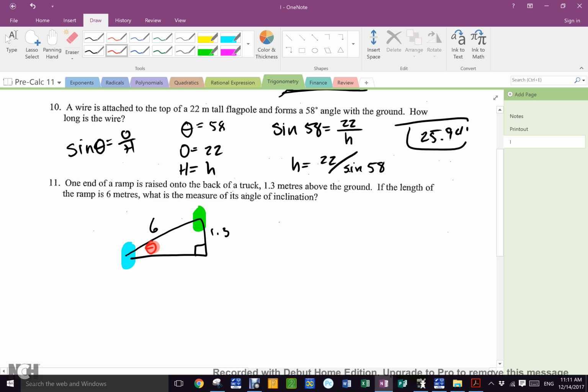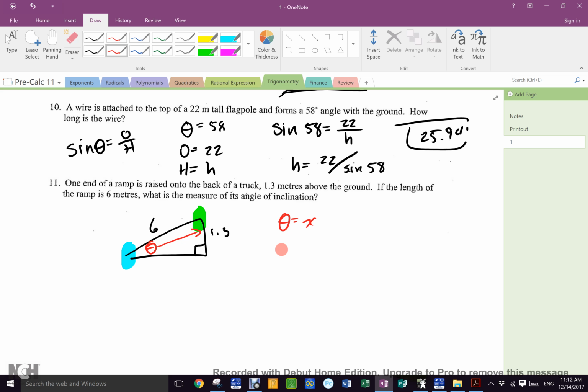Then I make my list, and I don't refuse to show work, because if I show work, I always get it right. Do you know your theta? No, that's an X. What do you know if that's the angle with which you are working? What is that? Opposite is 1.3. What is that?